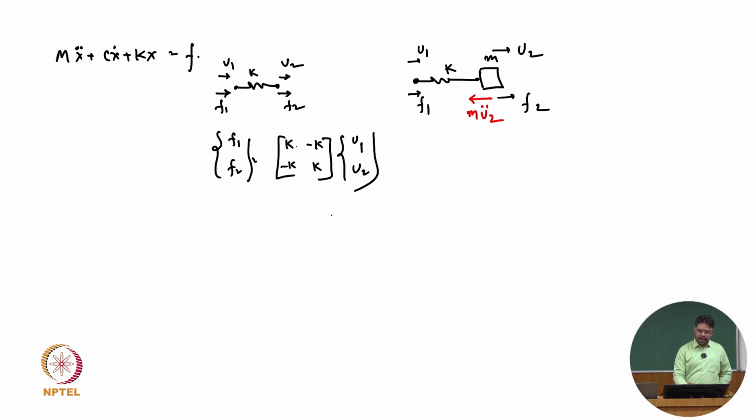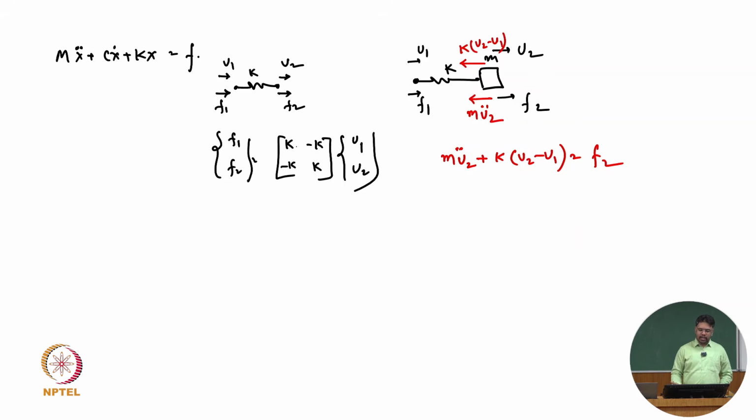Great. And what is the spring force? That will be the spring force. So the equation of motion of the mass will be m u2 double dot plus k into (u2 minus u1) equal to F2. Am I right? Agreed?